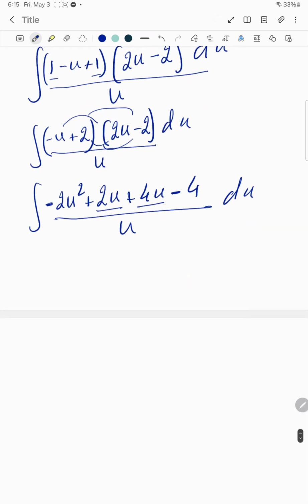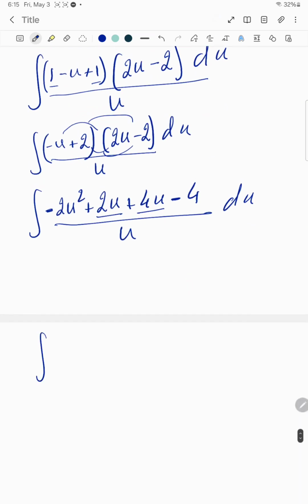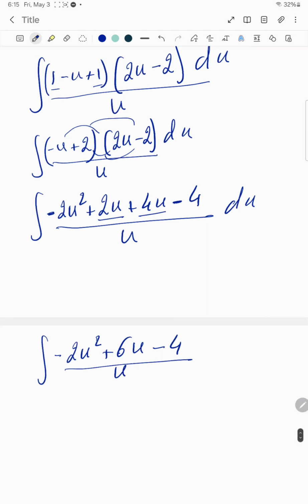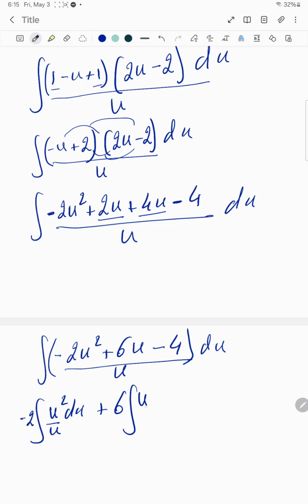So my integral will become minus 2u square plus 6u minus 4, divided by u. And here I can split my integral du. I can put minus 2 outside of the integral of u square du, plus I'll take 6 outside, u divided by u, and I can take the 4 outside.